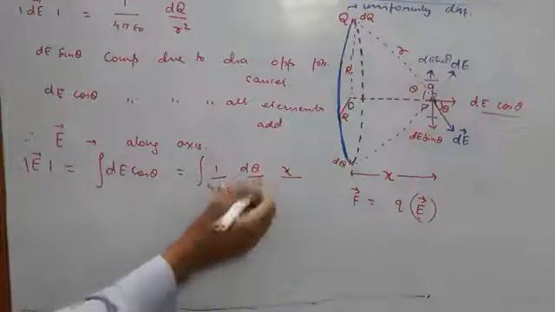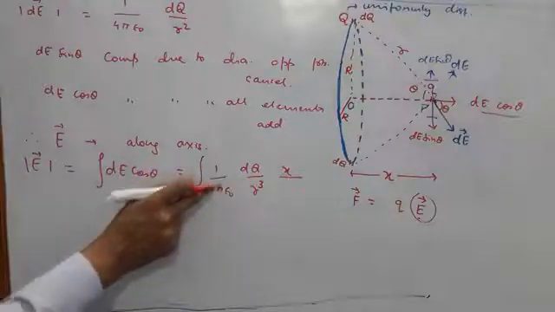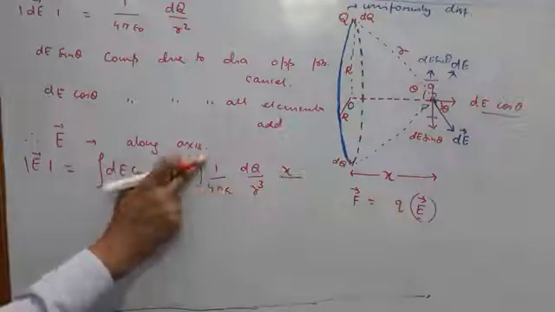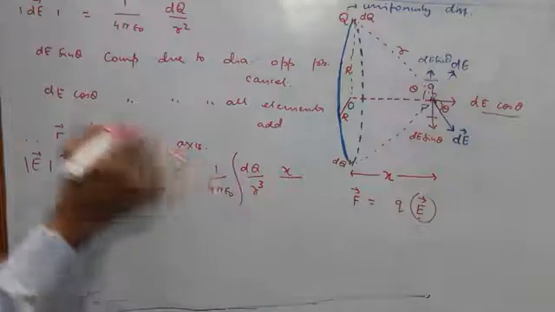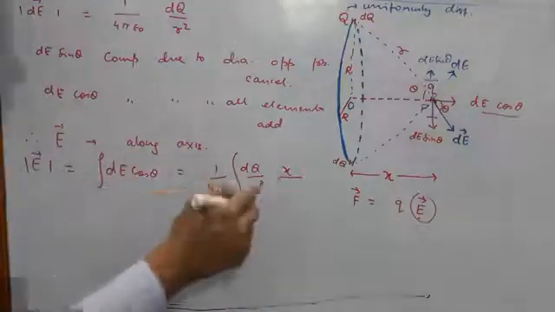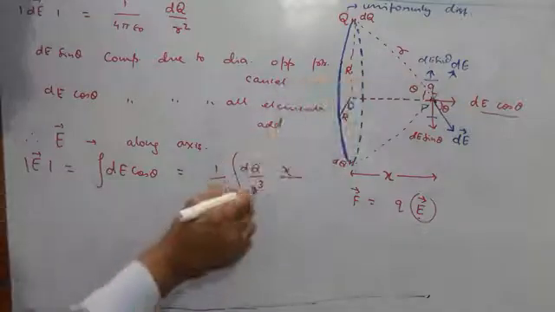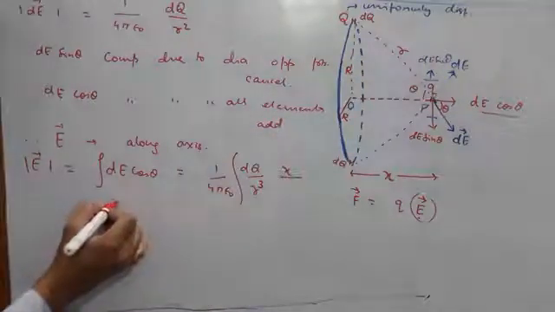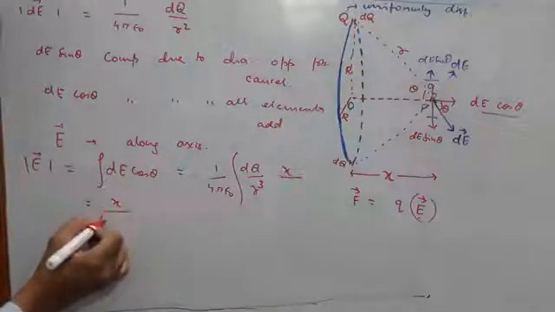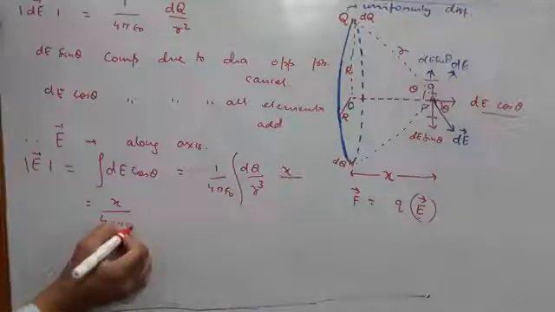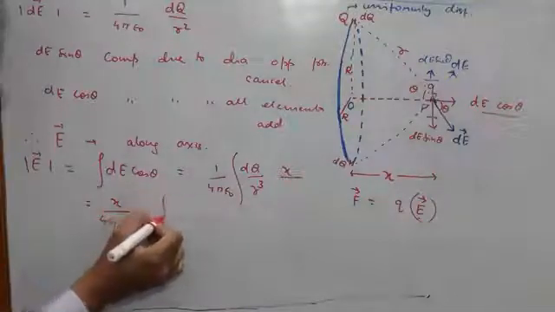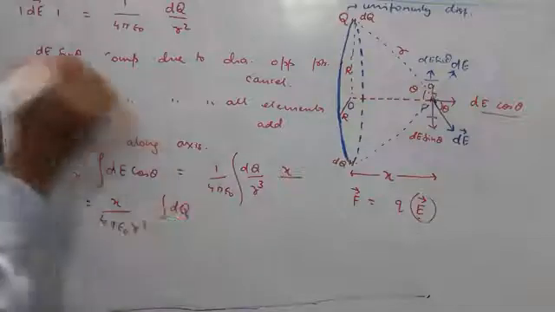So I am writing directly. 1 by 4 pi epsilon naught will come out of the integration because it is a constant. In this expression, x is also constant, r is also constant. So all those terms will come out. So x upon 4 pi epsilon naught r cube, integral dq.